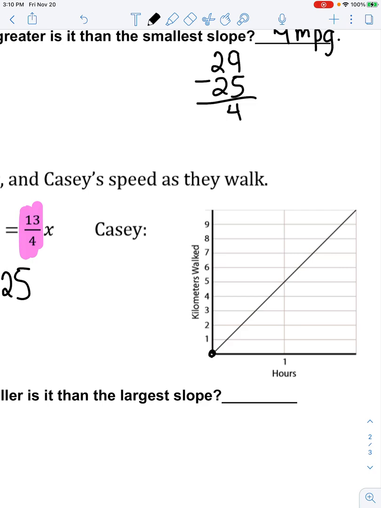So I'm going to get 2 corner points. There's our corner point. Is that a corner point? It sure is. All of these are corner points. So you pick any 2 that you want to use. I'm going to use the first one and the second one. So I rise 1, 2, 3, 4, 5, and I run 1. So 5 over 1, well, 5 divided by 1 is 5.